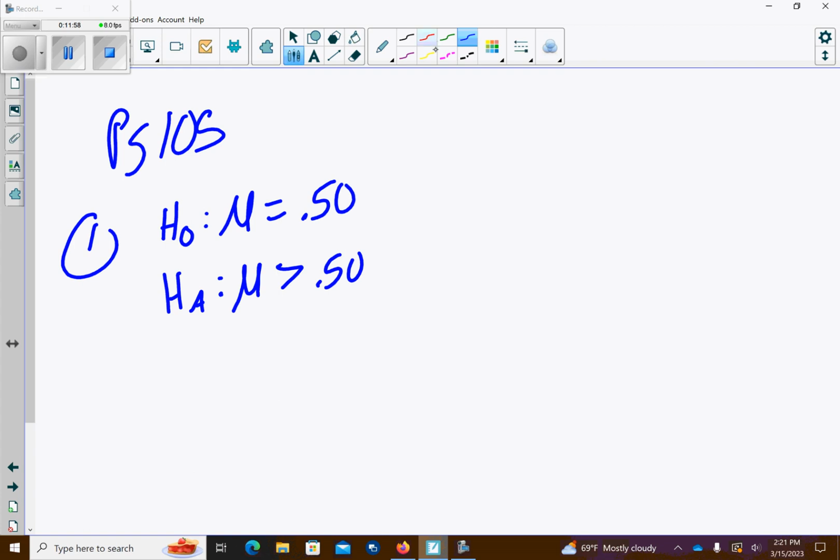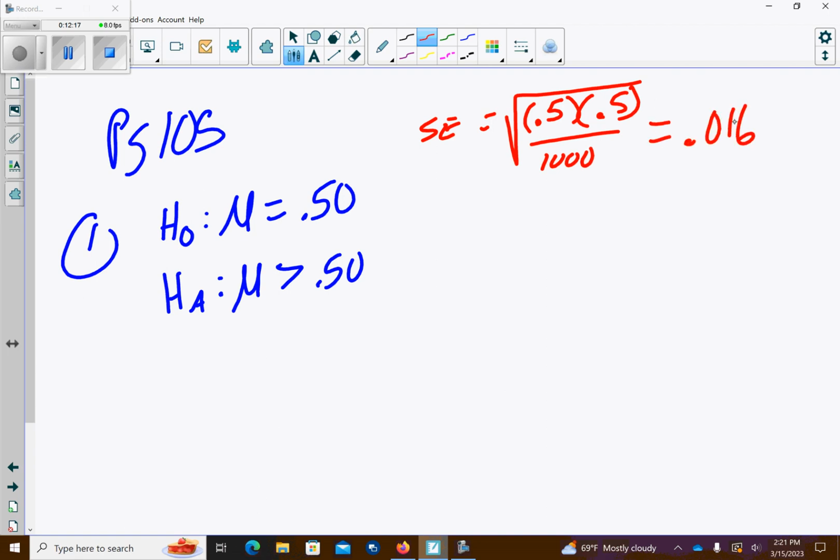If we wanted to find our standard error in this case, we take 0.5, because that's 1/2, times 1 minus 0.5, which is also 0.5, over the square root of 1,000. If we do this math, we come out to 0.016. So that's our standard error.